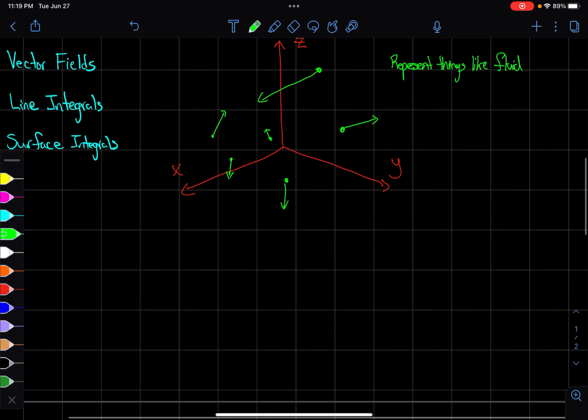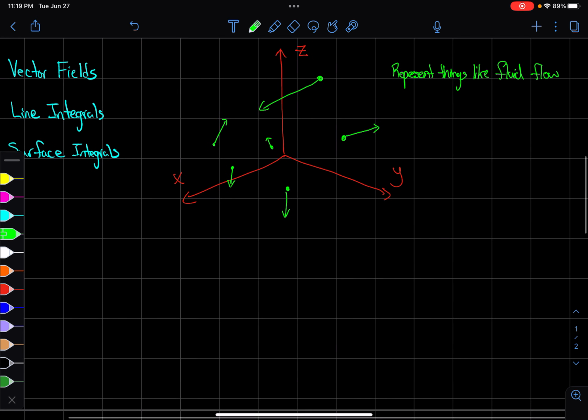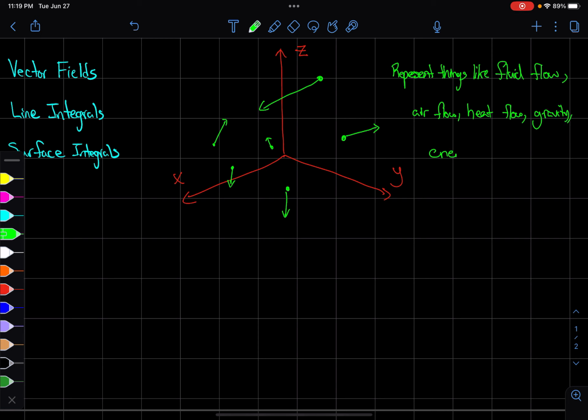So, like maybe if you drop a leaf in a river, what direction is it going to go? It could represent airflow, heat flow, gravitational pull, so gravity, energy, a whole bunch of stuff.